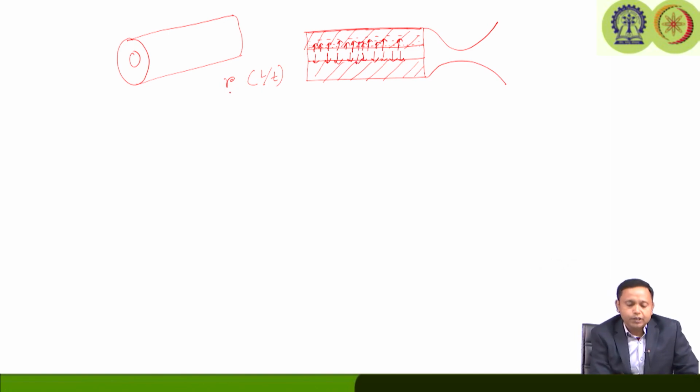So, that way it is basically a linear regression rate. This is called the regression rate or burning rate of the propellant.